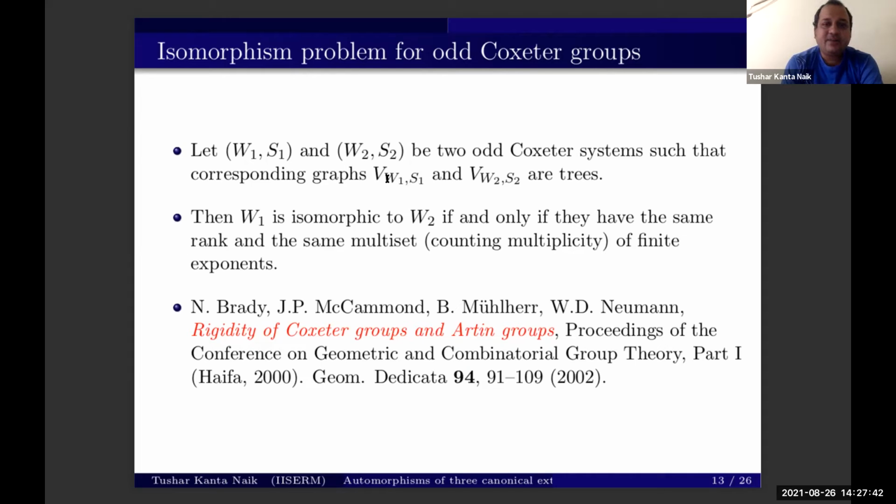And to get the graph, if you have these graphs V, then you can easily determine the Coxeter systems W1 and W2, and from there you can easily determine the gamma graph also.